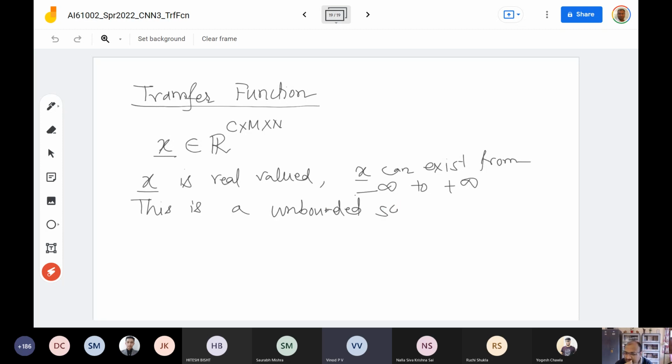And that is something which we don't prefer, because you don't have control over how many bits you want to use for storing all of this information.